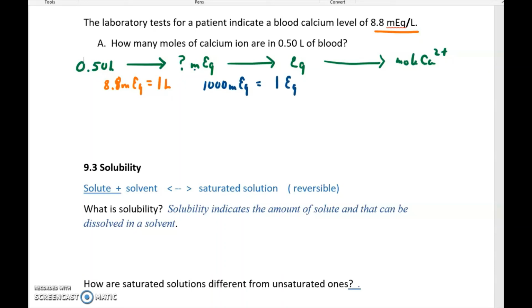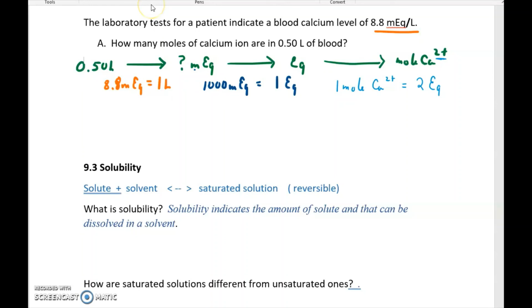That's just what the milli means. This last one, because there are 2 charges here, 1 mole of calcium ions will have 2 equivalents. That's because we've got 2 charges with each calcium ion. We know that calcium has 2 positive charges because it's in the second column of the periodic table.